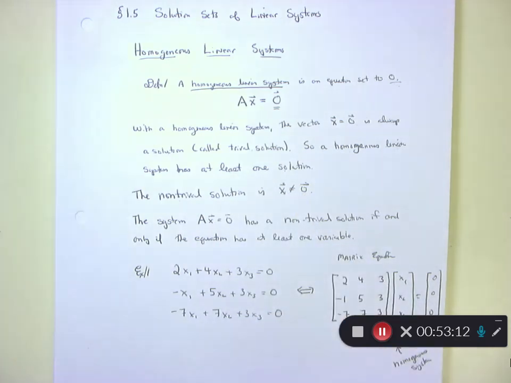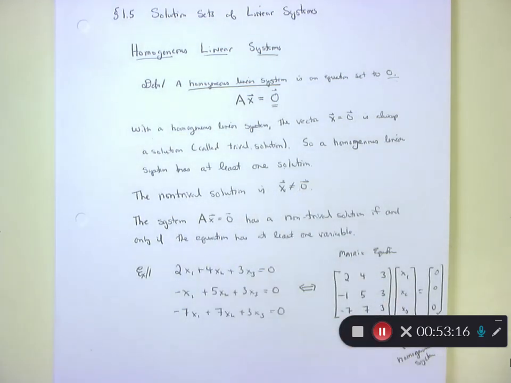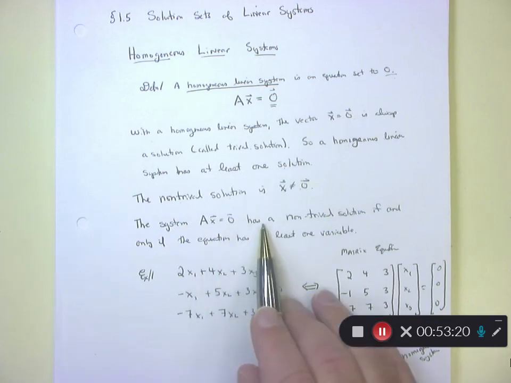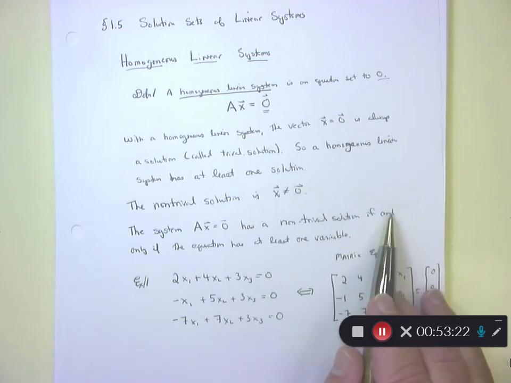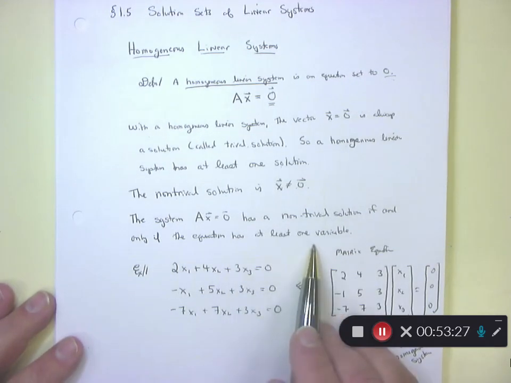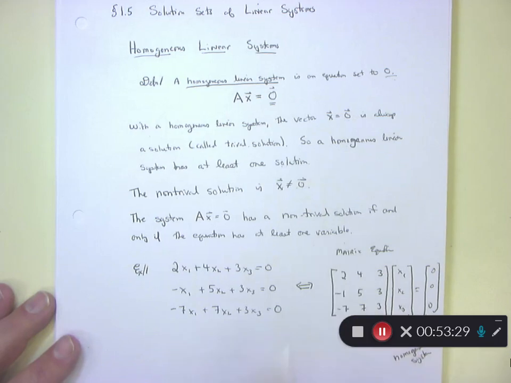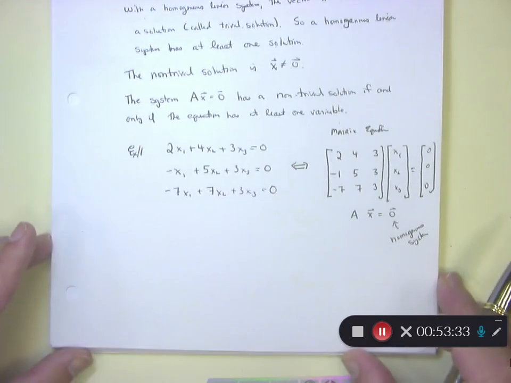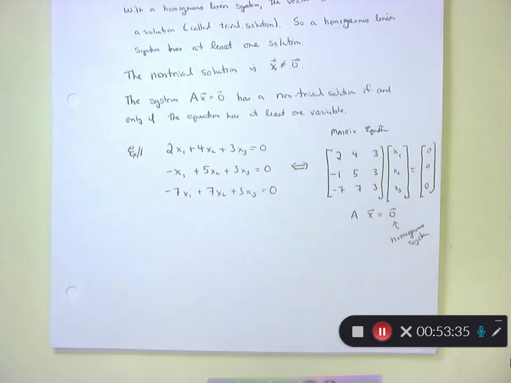So we're going to look at the zero solution and the non-trivial solution of this homogeneous system. So the system Ax equals 0 has a non-trivial solution if and only if the equation has at least one free variable. Okay? So watch what I'm talking about here. Let's take a look at this guy here. I gave you a system of equations.